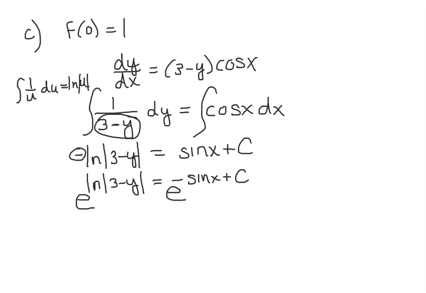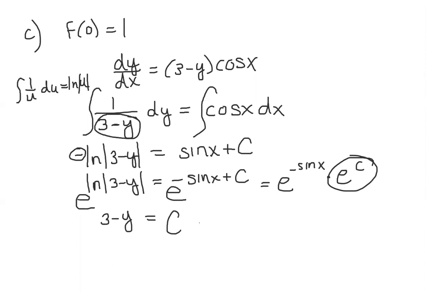Okay, when I put e to those in there, the e and the ln cancel, and I get 3 minus y equals e to this. And remember, we can write that as e to negative sine x times e to the c. Remember how we can do that? And this is just a new constant, so I'm going to write it like this.